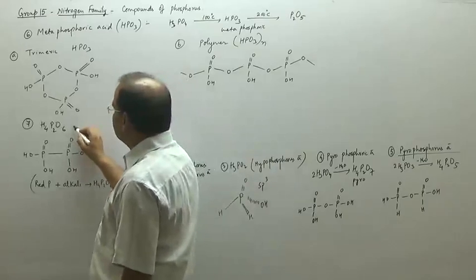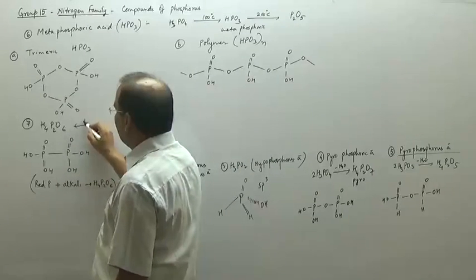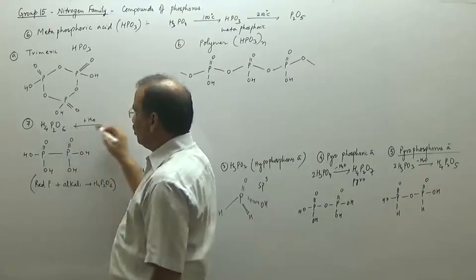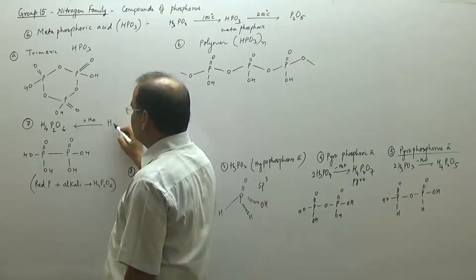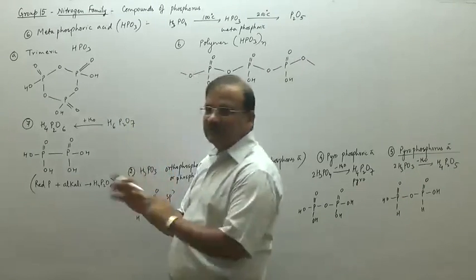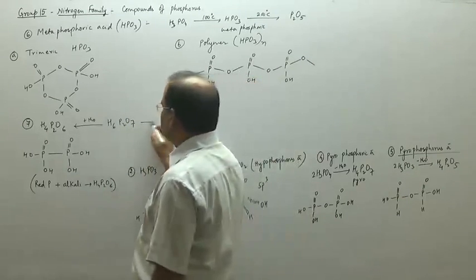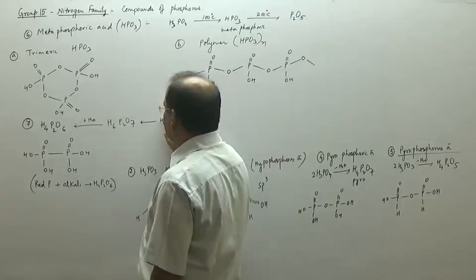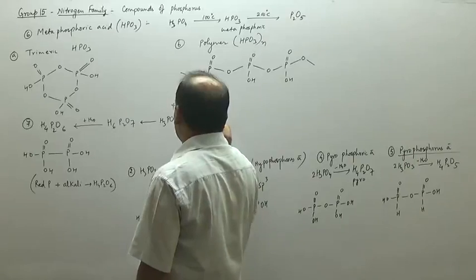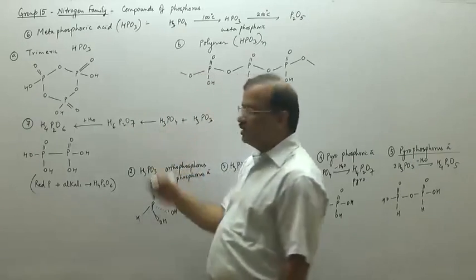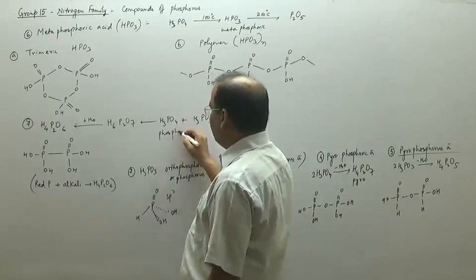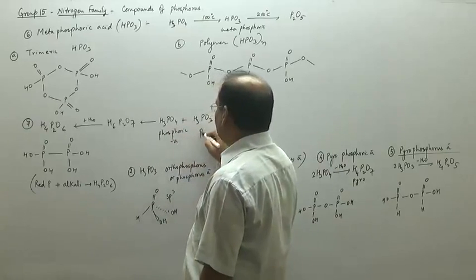Now, if I have to check what this acid is, on addition of a water molecule I'll get H6P2O7. So let us divide it into two acids. I'll write this as a combination of H3PO4 plus H3PO3. So it is a combination of two acids, the phosphoric acid and the phosphorus acid.